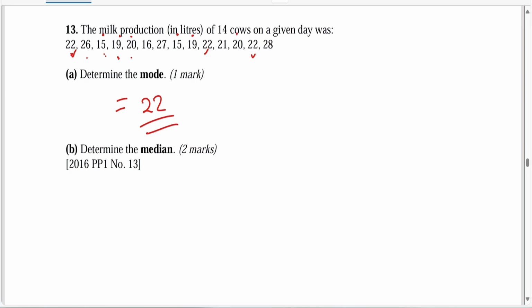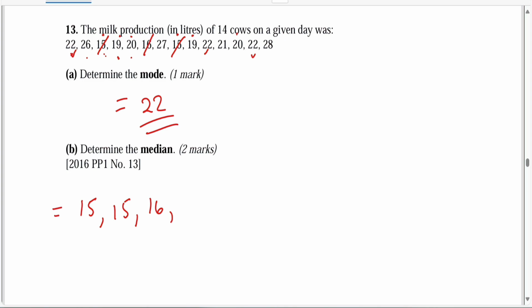Now to find the median, you arrange the numbers from the smallest to the largest. The smallest is 15, which appears twice, then followed by 16. Is there 17?